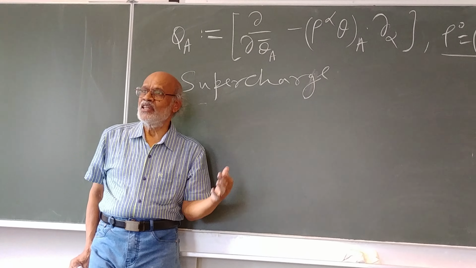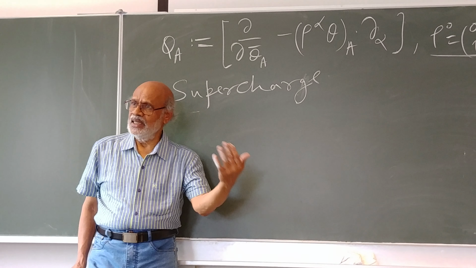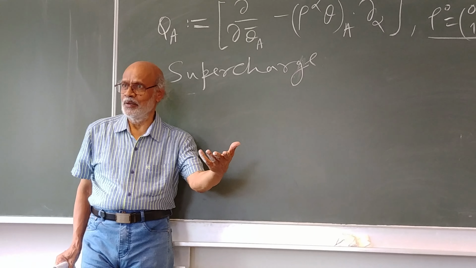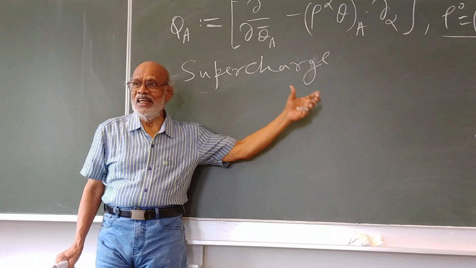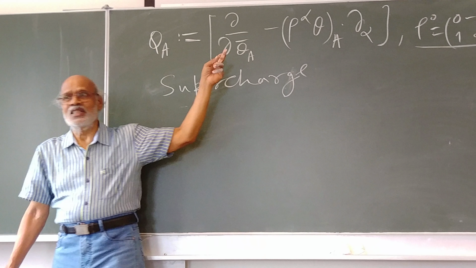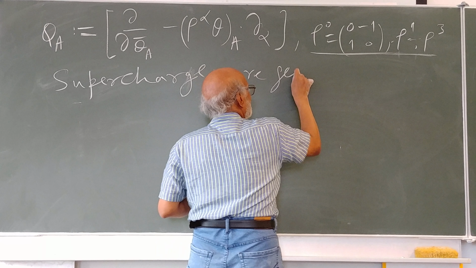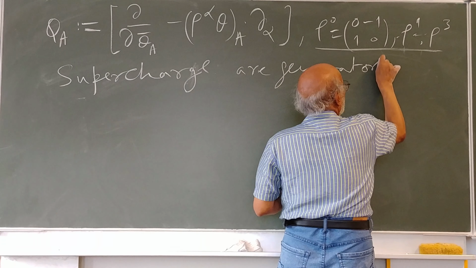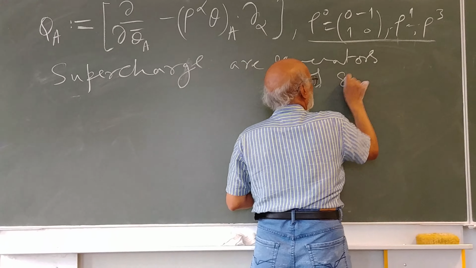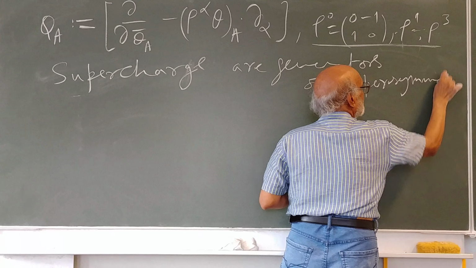How does it act? Epsilon bar Q on sigma alpha would be epsilon bar, now Q is there, so del over del theta bar minus rho beta theta del beta, and this acts on sigma alpha.